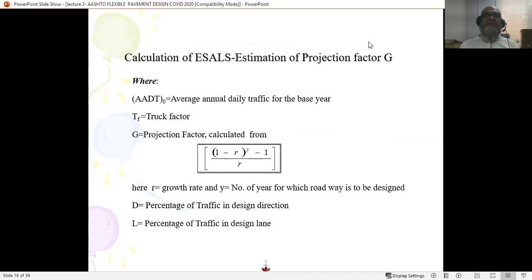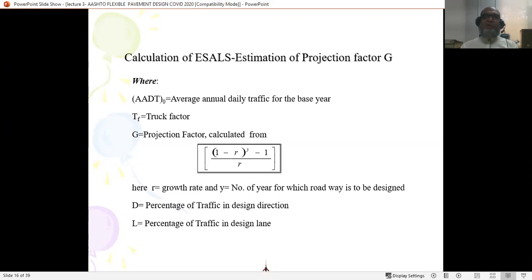So this is the explanation of the equation. In order to calculate GY, we use this equation: (1 + R)^Y - 1 over R. R is the growth rate. What is a growth rate? Every vehicle will be more next year as compared to this year.